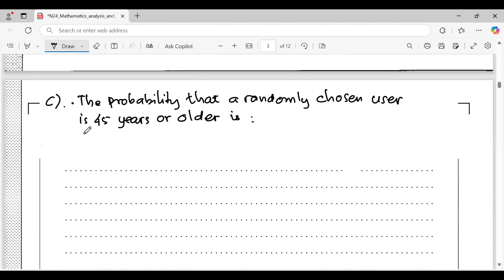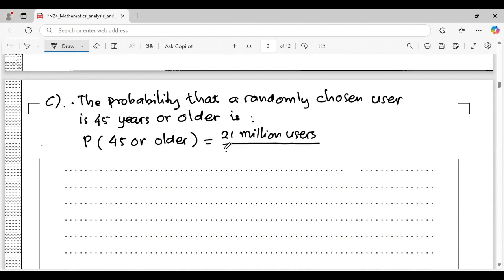The probability of 45 or older is 21 million users over 93.6 million users, which is 0.224.